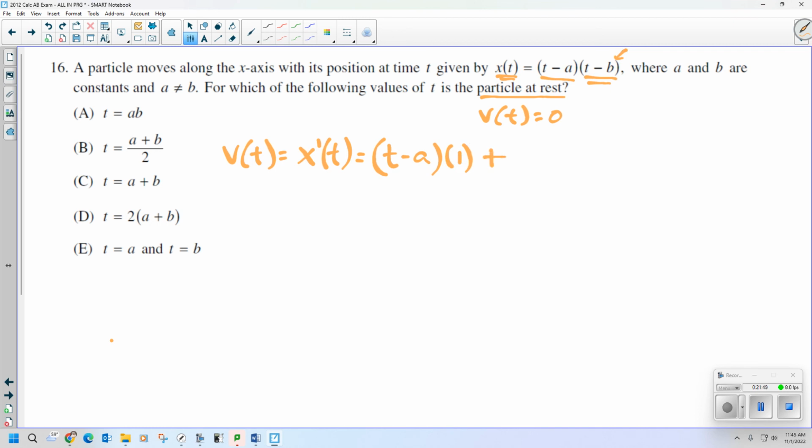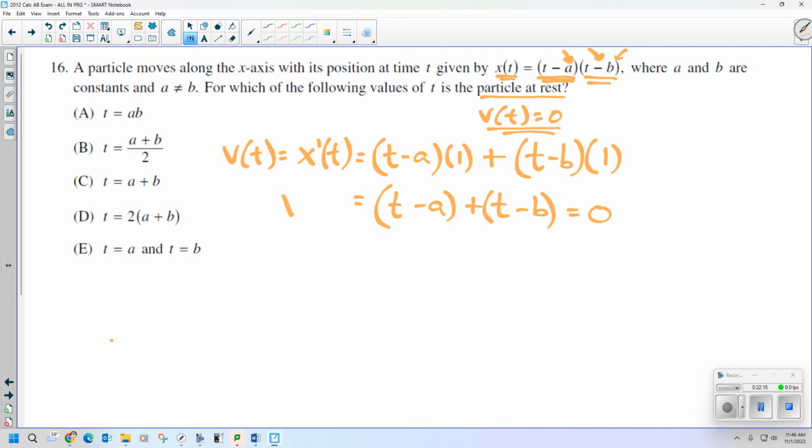Plus the second, just as it is, times the derivative of the first. Again, a is also a constant, so that's just 1. So I end up with t minus a plus t minus b. All right, well, that's where this should equal 0. When the velocity is 0, that's when the particle's at rest. And this is velocity.